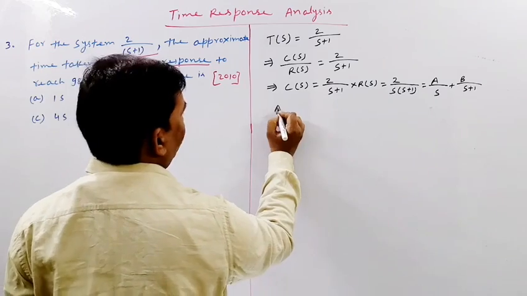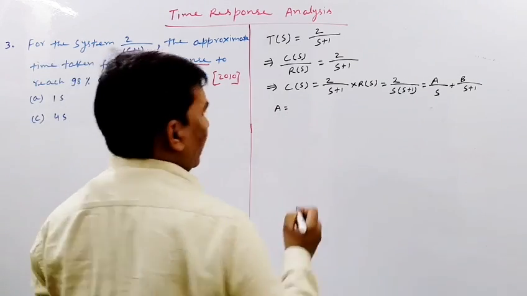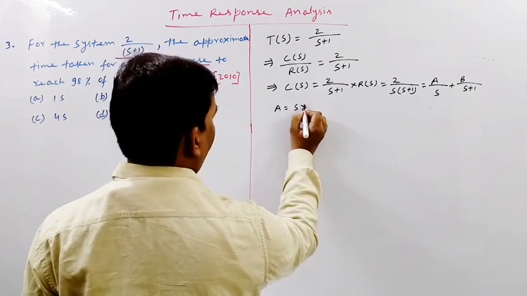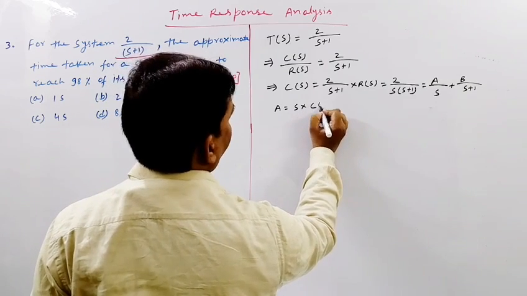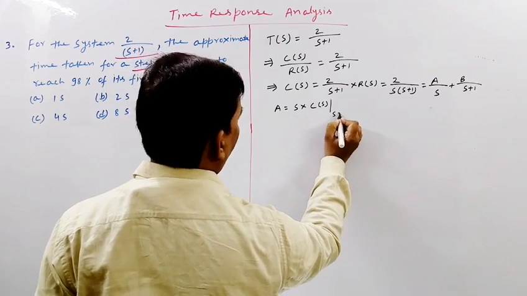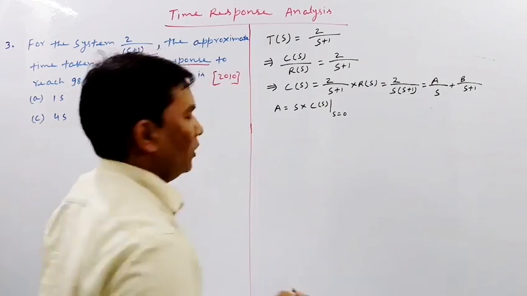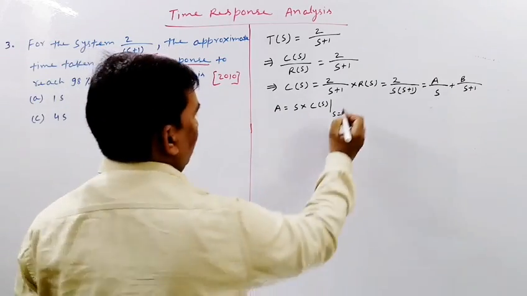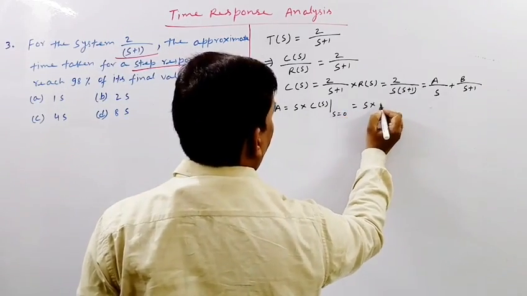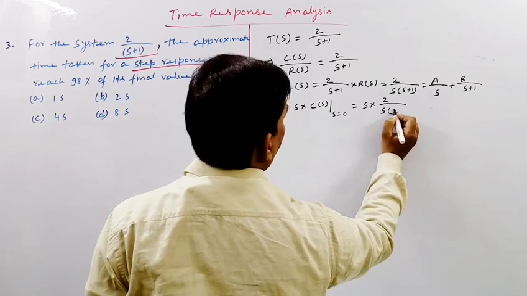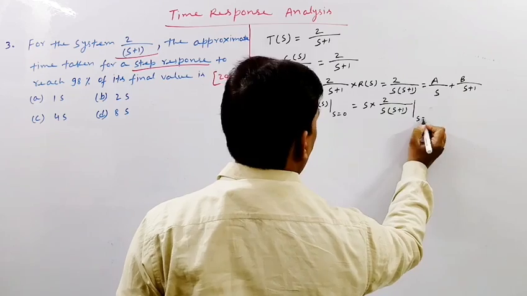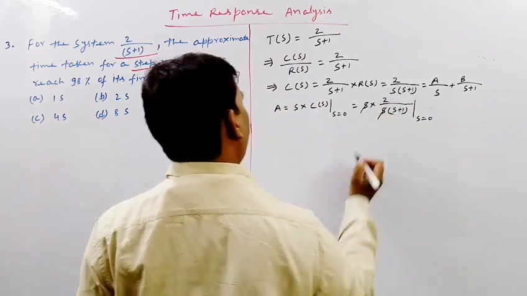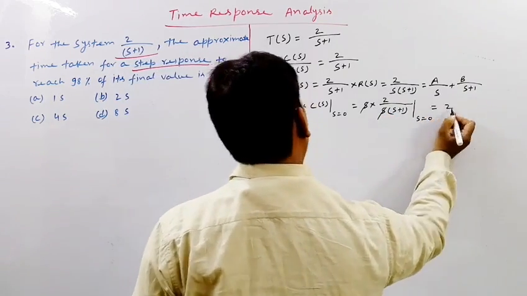So a will be calculated by a equal to s multiplied by C(s) at s equal to 0, since the pole is at 0. So s multiplied by 2 divided by s into s plus 1 at s equal to 0. Now s will cancel out each other, and it will be 2.